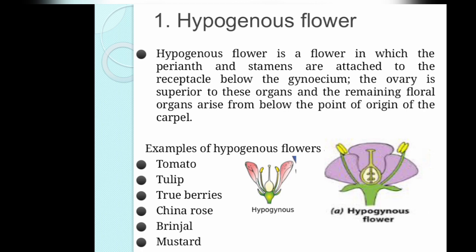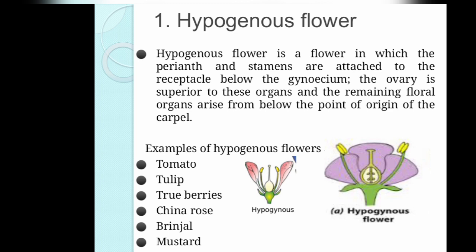A hypogynous flower is a flower in which the perianth and the stamens are attached to the receptacle below the gynoecium. The ovary is superior to those organs, and the remaining floral organs arise from below the point of origin of the carpel. So here the ovary of the flower is superior. That means the position of the gynoecium, the ovary, is above the other flower parts.